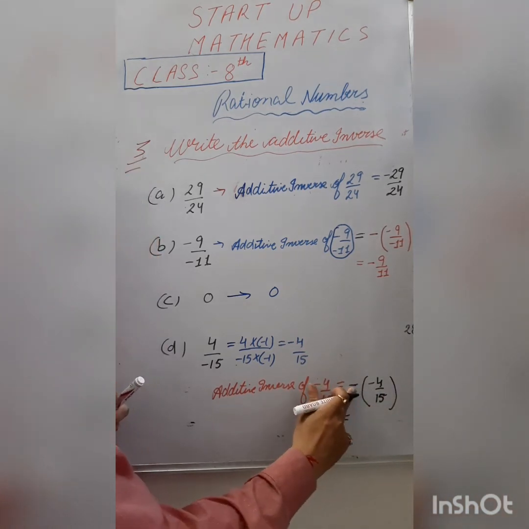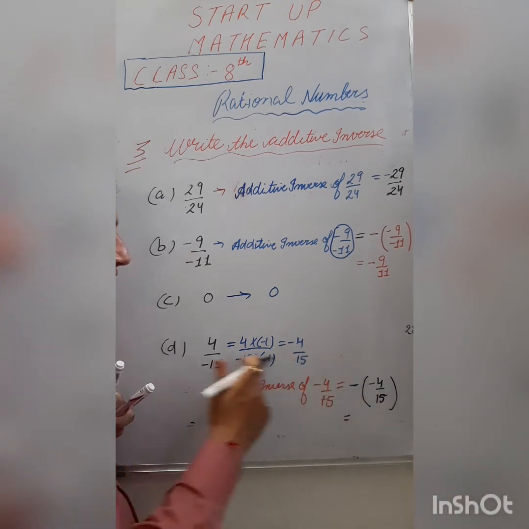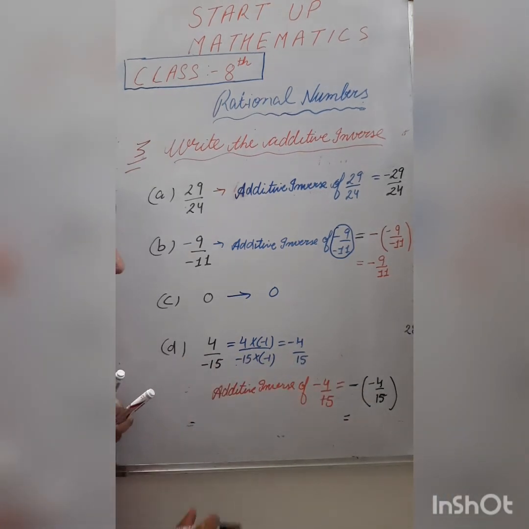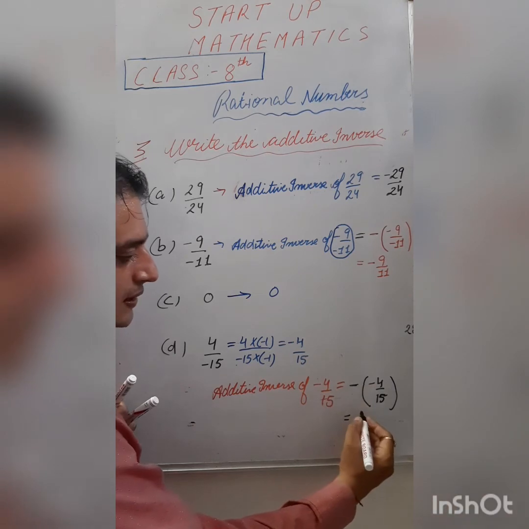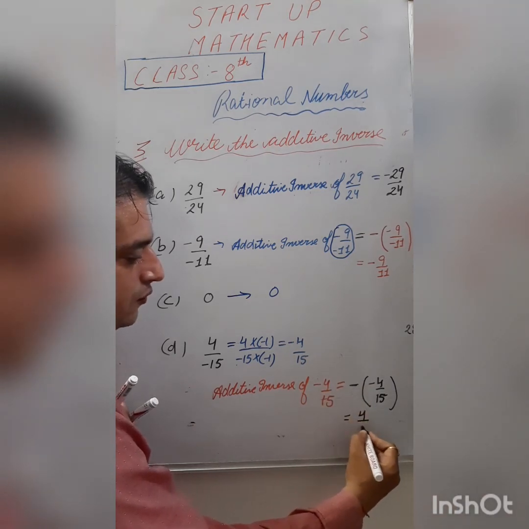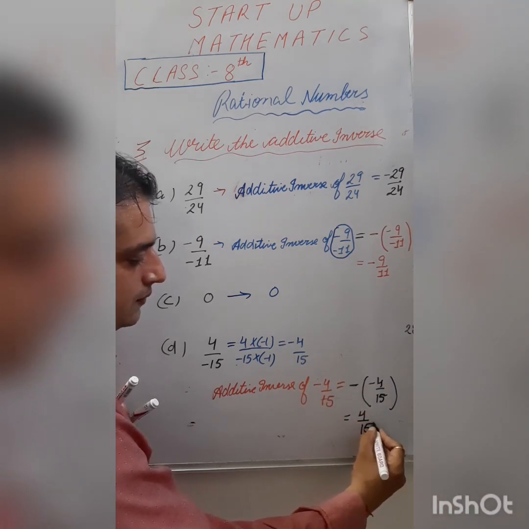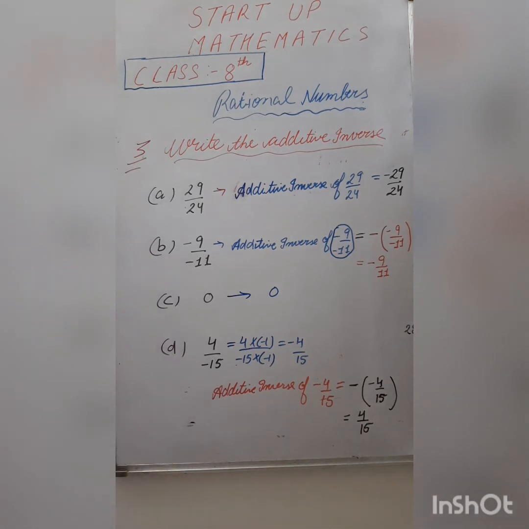Here the minus sign is outside the bracket, and this minus sign is with the given rational number, right? So minus minus plus, so the answer is 4 by 15. So these are the additive inverses of the given rational numbers, right?